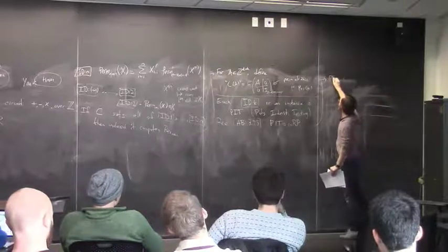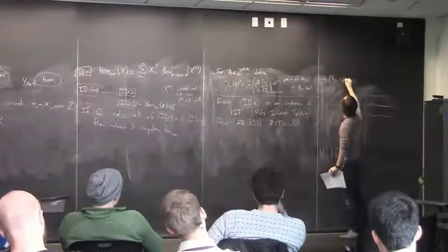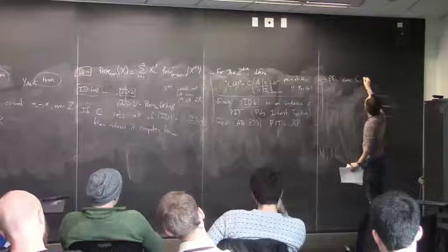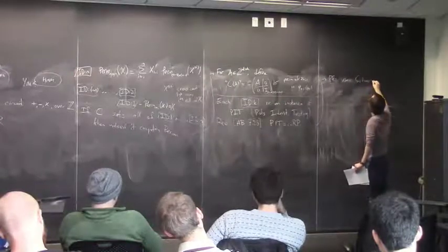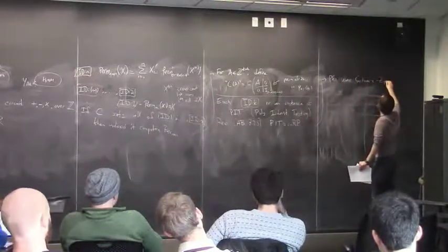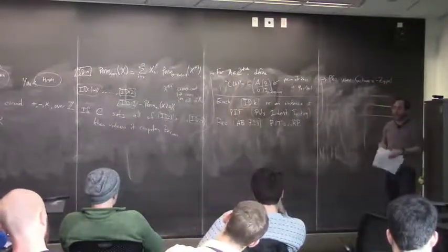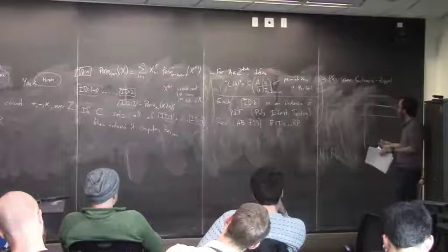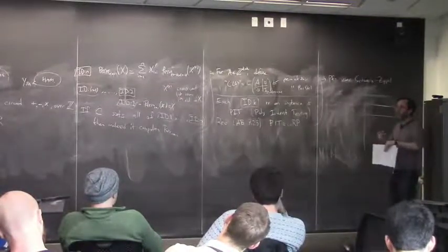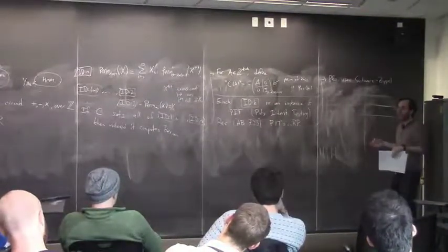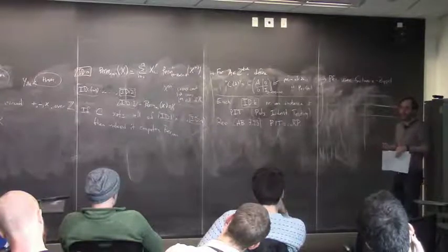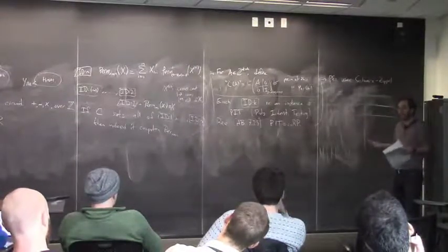The proof of this uses the so-called Schwartz-Zippel lemma, which is not hard to prove and basically says that if two polynomials agree on enough points, they have to actually be identical polynomials. It's a generalization of the fact that if two univariate degree-n polynomials agree on n plus 1 points, they have to be the same.